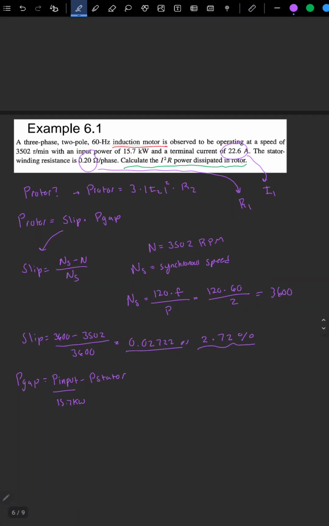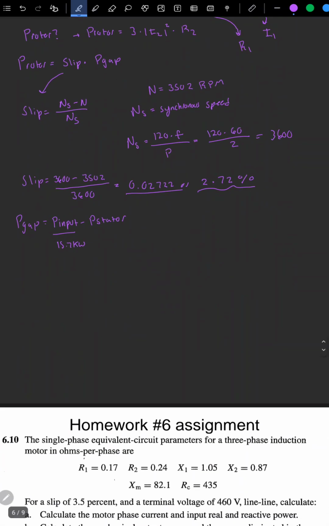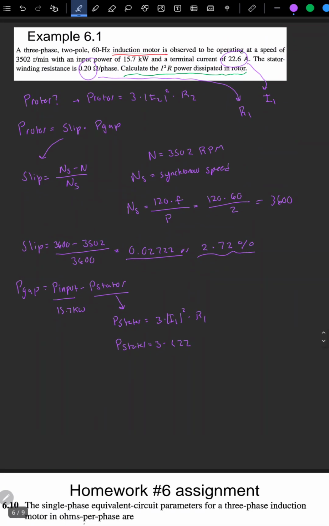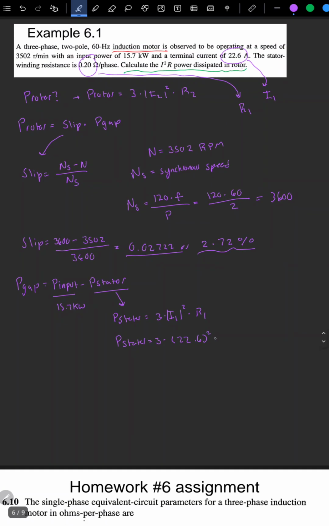P stator is actually going to equal 3 times the magnitude of I1 squared times R1, which we have. We have I1, which is 22.6, and we have the R1, which is 0.2.